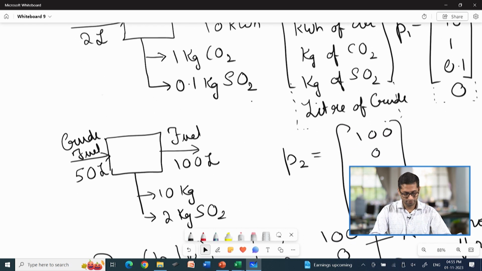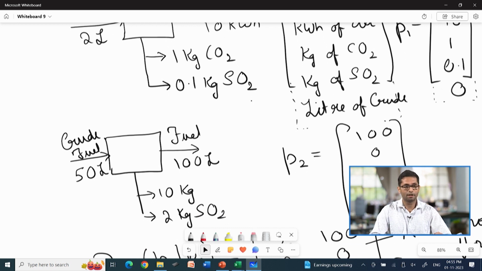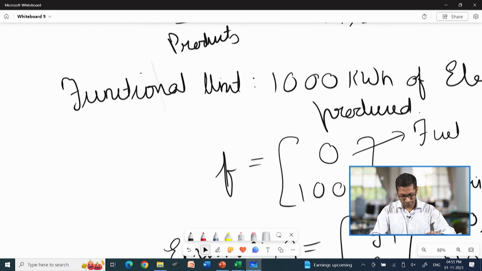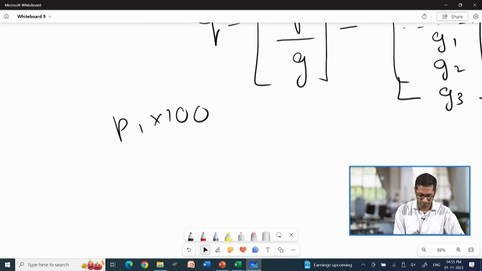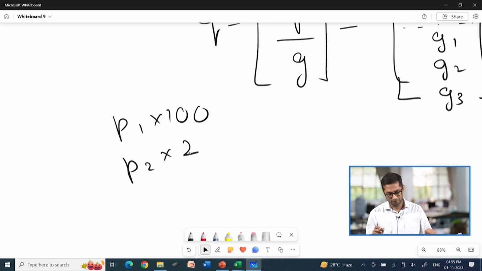So, for 200 liters of fuel, I would have to multiply the second unit process by 2, because it is already producing 100 units of fuel. So, P2 should be multiplied by 2, and these are the two scaling factors. If I multiply the first process by 100 and the second process by 2, I should be getting the functional unit of 1000 kilowatt hour of electricity. That is what the aim is.